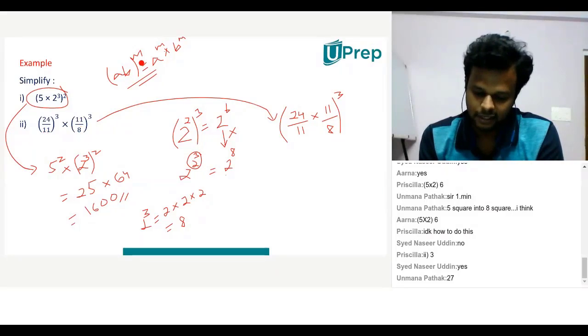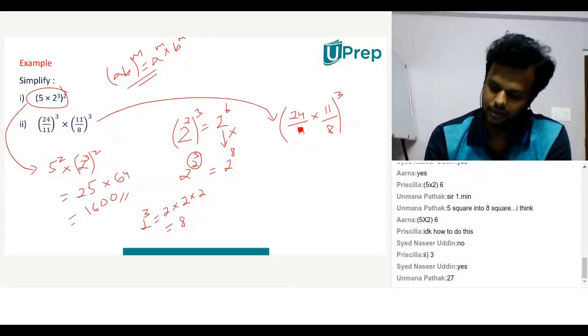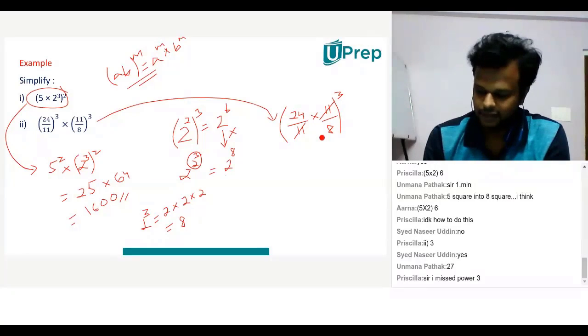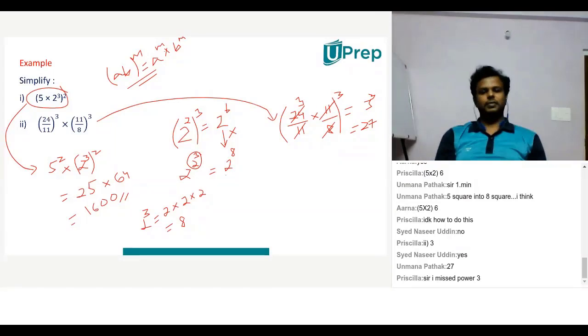I can write this as (ab) whole power m, isn't it? Yes. So this 11 and this 11 will get cancelled. 24 by 8 is 3. I have a power 3 outside already, so this becomes 3 to the power 3. So this becomes 27.